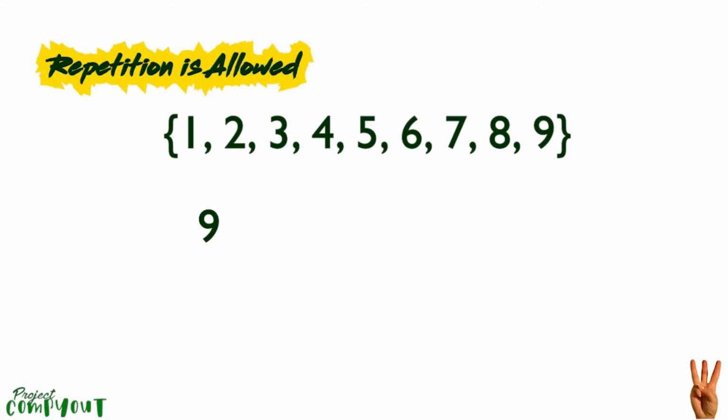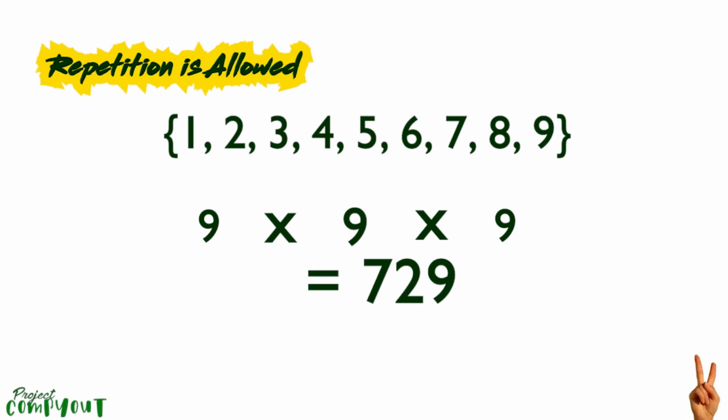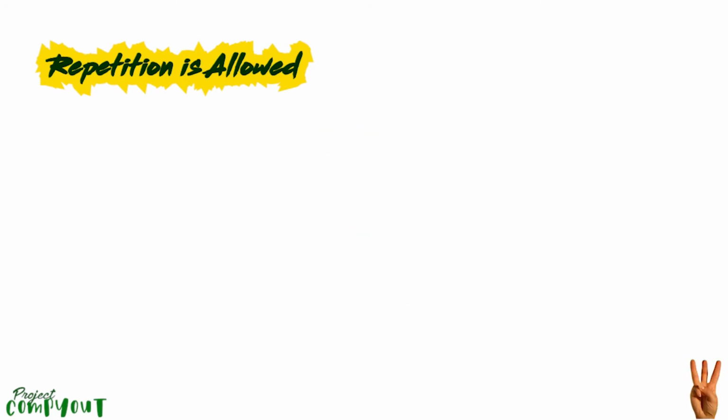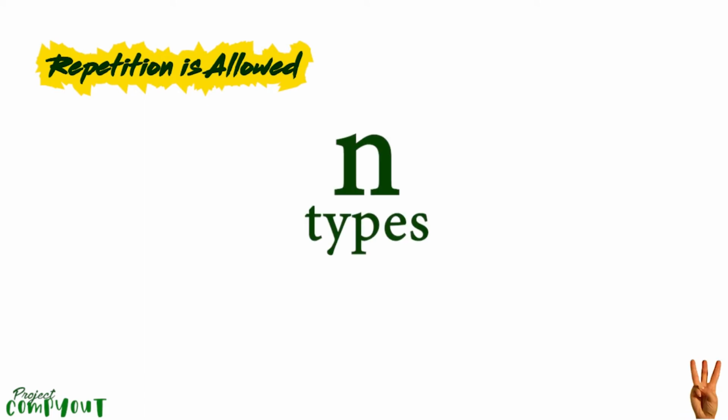Similarly, since repetition is allowed, we have 9 possibilities for the first digit, 9 for the second digit, and 9 for the third digit, giving us, by the fundamental counting principle, 729 numbers. Generally, when an object has n different types, we have n choices every time.